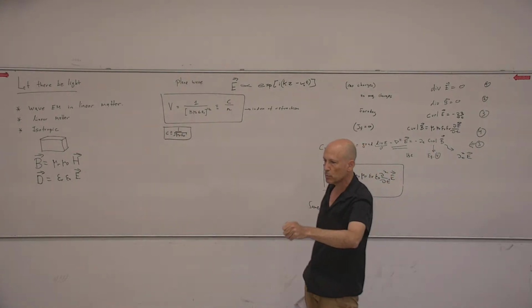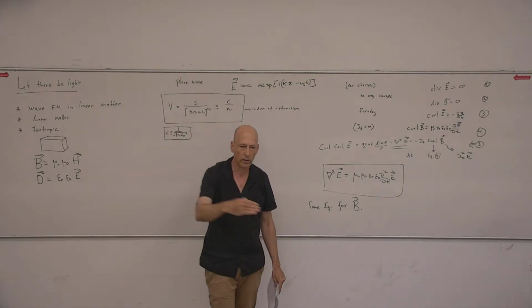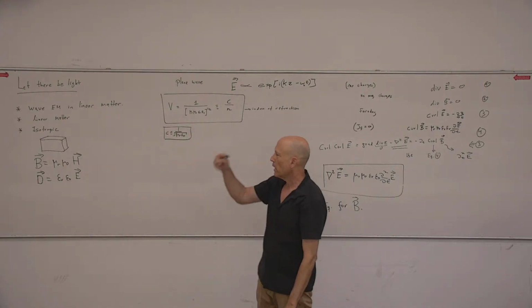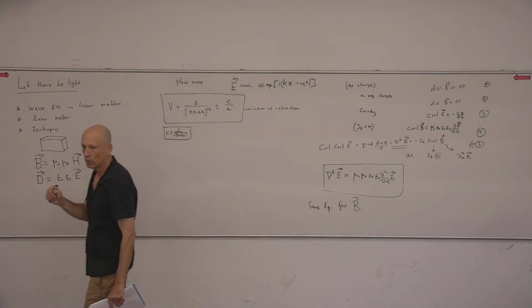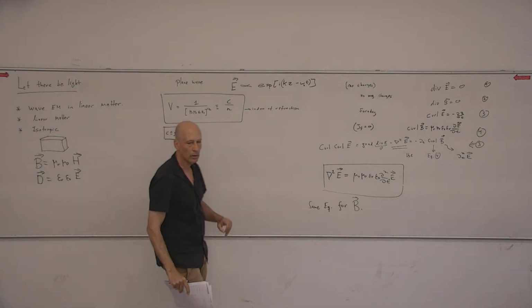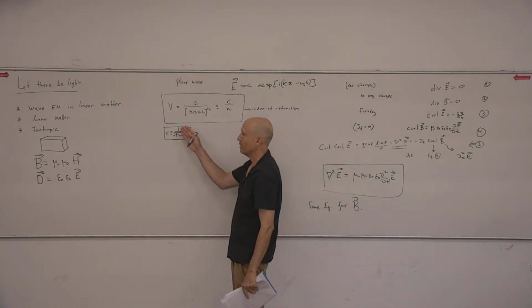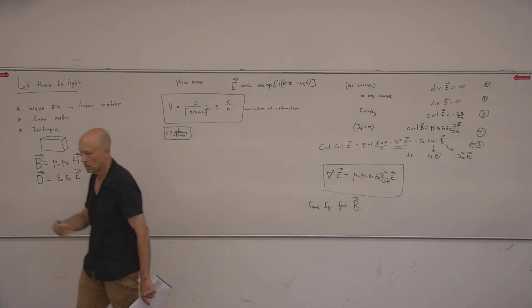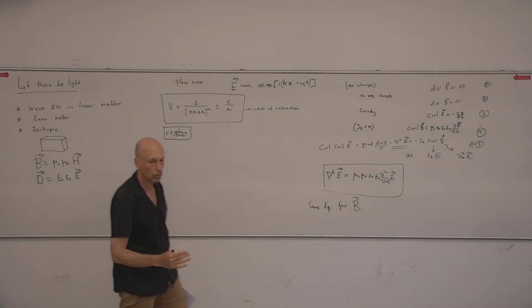Then you do another experiment where you have light and Snell's law. The n that comes into Snell's law will be given by these two numbers, mu r and epsilon r. So you match up not only the speed of light, but also how light is refracted in the transition from one material to the other.